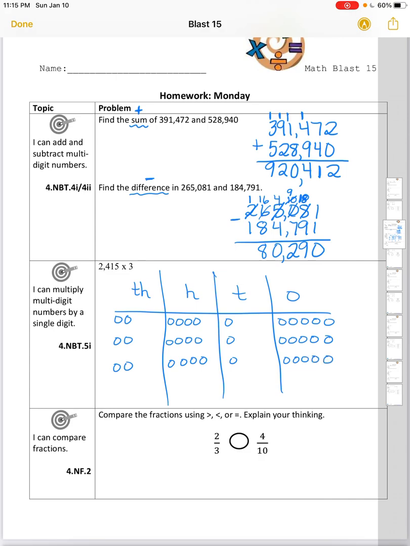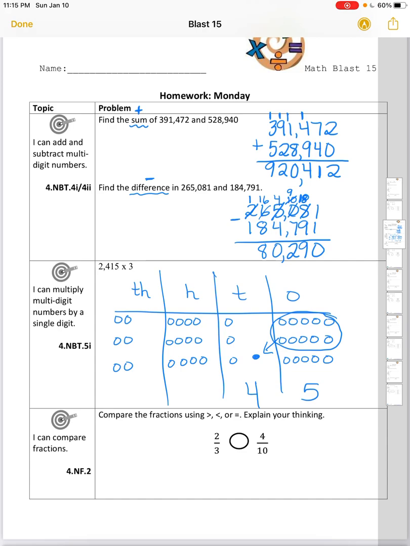Now, I'm going to say I have 6. I'm going to start over here in my ones, and I have 15 ones here. So I'm going to bundle 10 of these and turn them into a larger unit, a 10. And that leaves me with 5 ones, and now I have 4 tens.